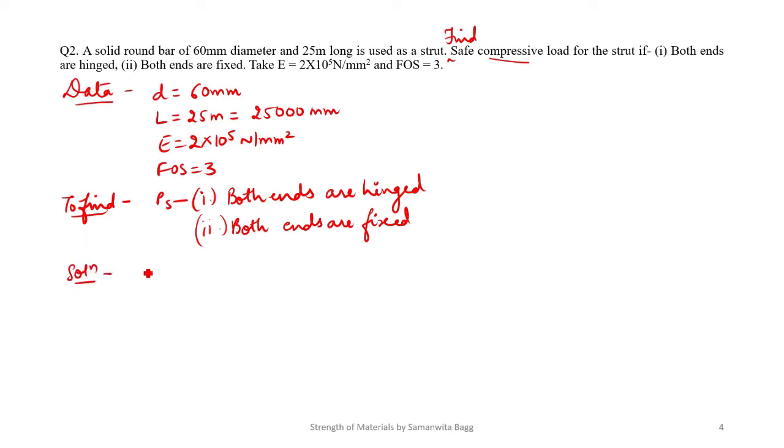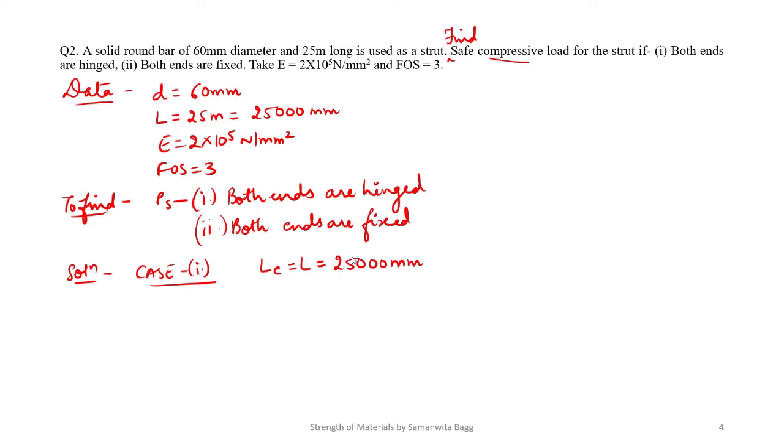For solving this, I'll go to case 1 first. When I say both ends are hinged, it means I'm talking about the first case in your table wherein your LE was equal to L. So this is 25,000 mm.